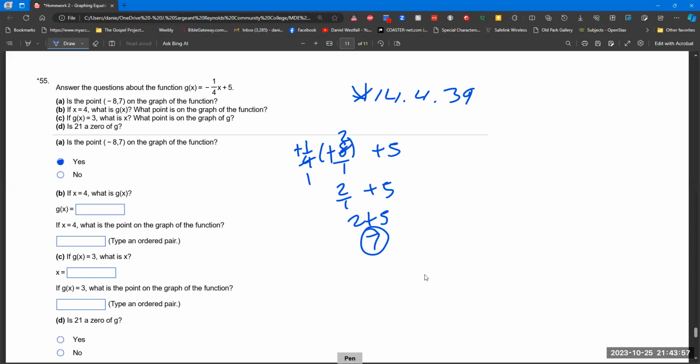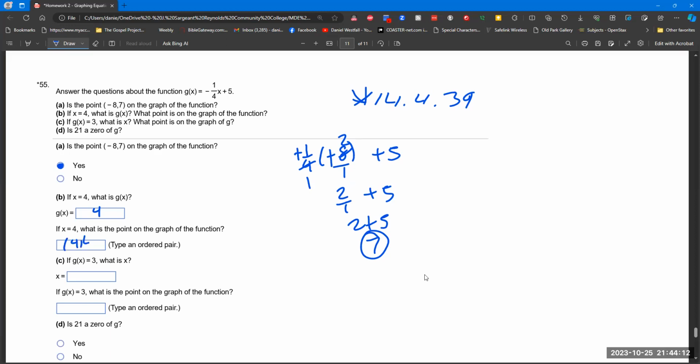If x equals 4, what is g? 1/4 times 4 is 1. -1 plus 5 is 4. What is the point on the graph? 4, 4. If g of x equals 3, what is x?